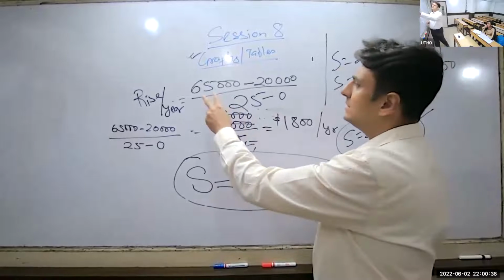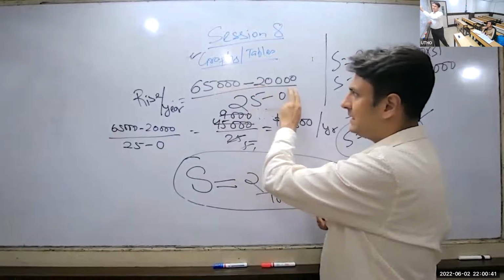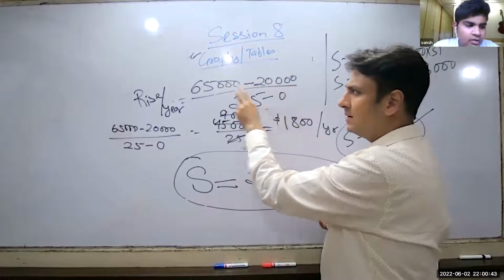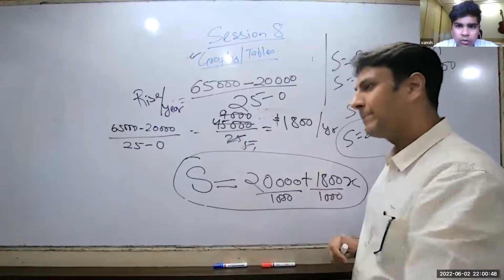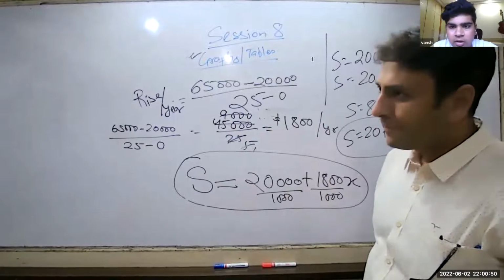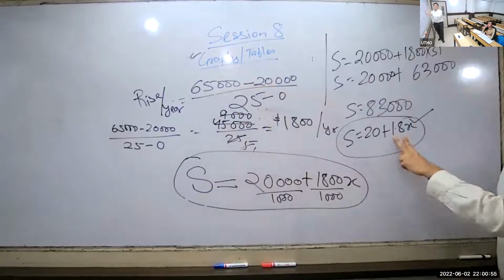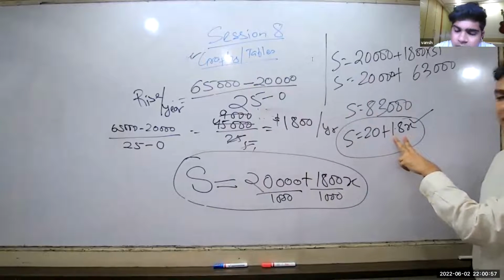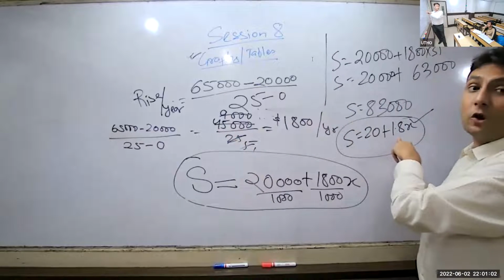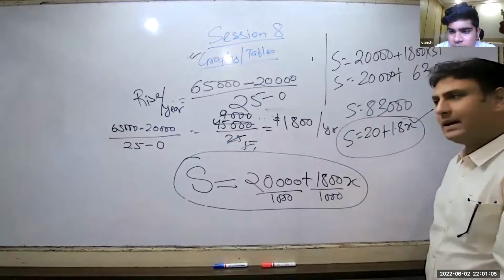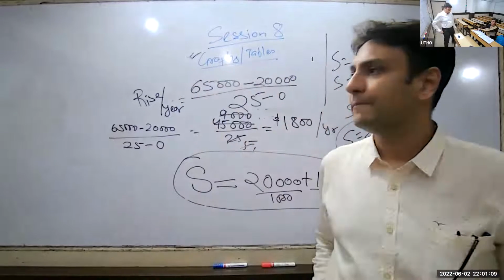In the graph, the y-axis value is in thousands, but it is given as 60 and 20, so you take 65 and 20. Correct. Had you taken this, you would directly get 1.8. And remember in the back of your mind that this 1.8 is in thousands, not 1.8 dollars. You are absolutely right. You'll have to remember that it is in thousands. Okay.